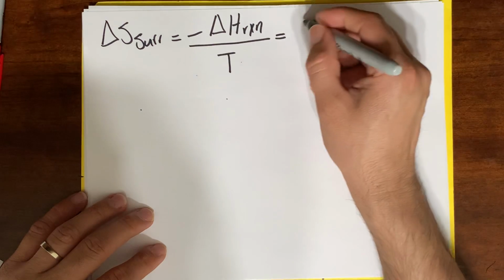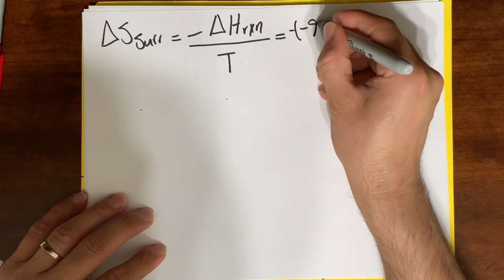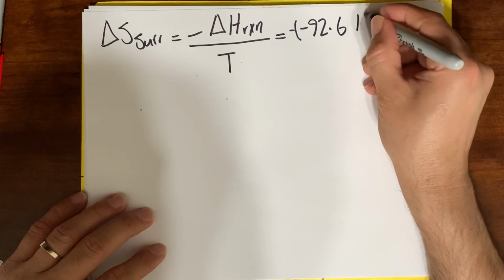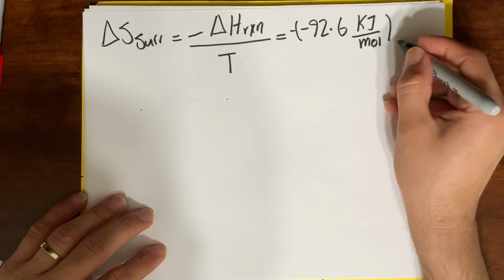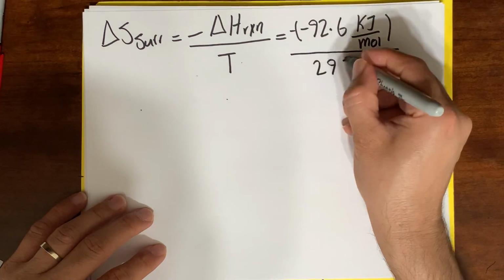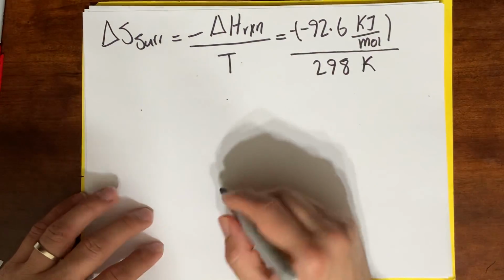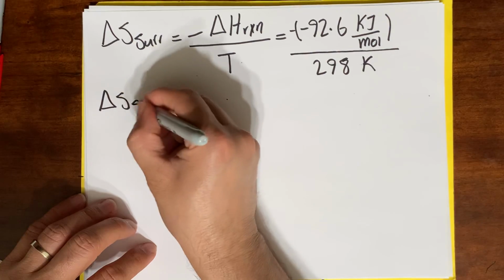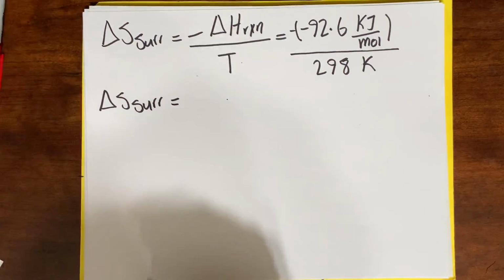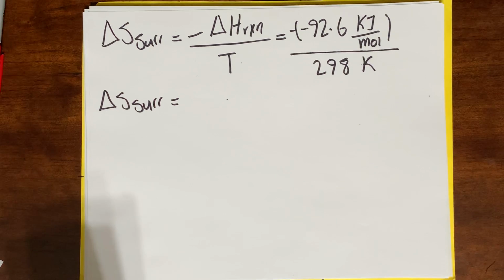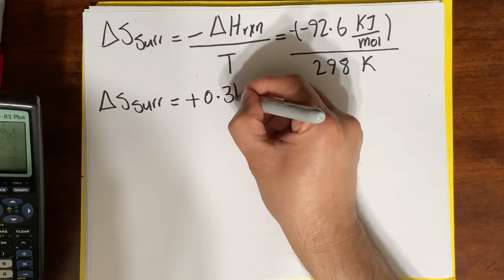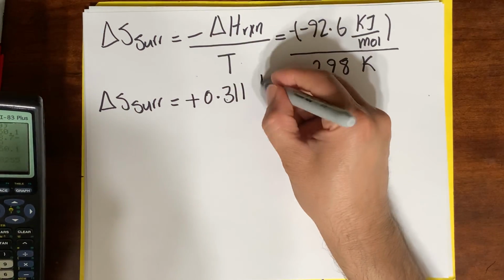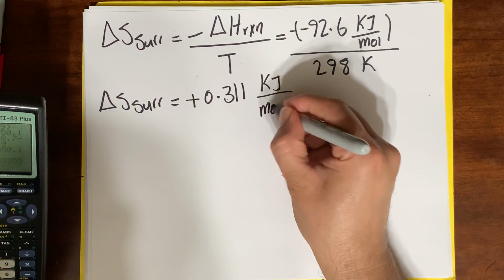Delta H of the reaction is given as minus 92.6 kilojoule per mole, divided by 298 Kelvin. So we get delta S of the surroundings equal to 92.6 divided by 298 kilojoule over mole Kelvin.